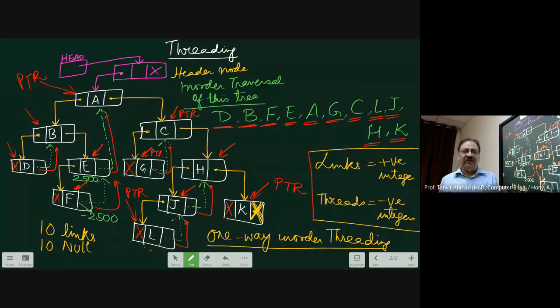Now this is one-way threading. In two-way threading, all those red links will be replaced by the predecessors for those nodes.